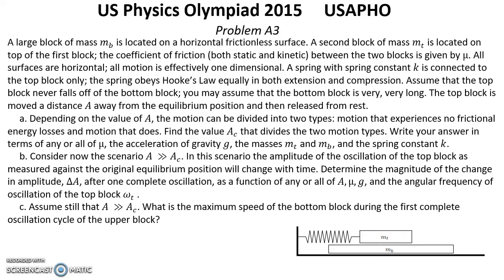Determine the magnitude of the change in amplitude delta A after one complete oscillation as a function of any or all of A, μ, g, and the angular frequency of oscillation of the top block omega T.